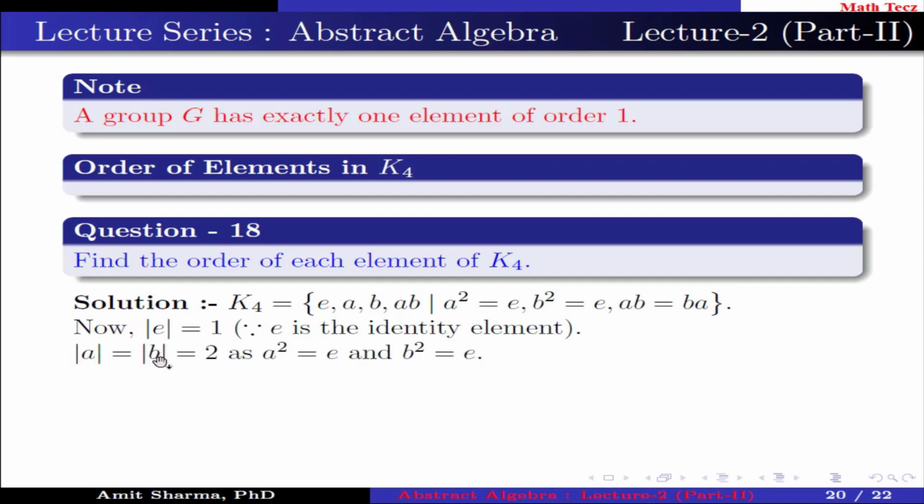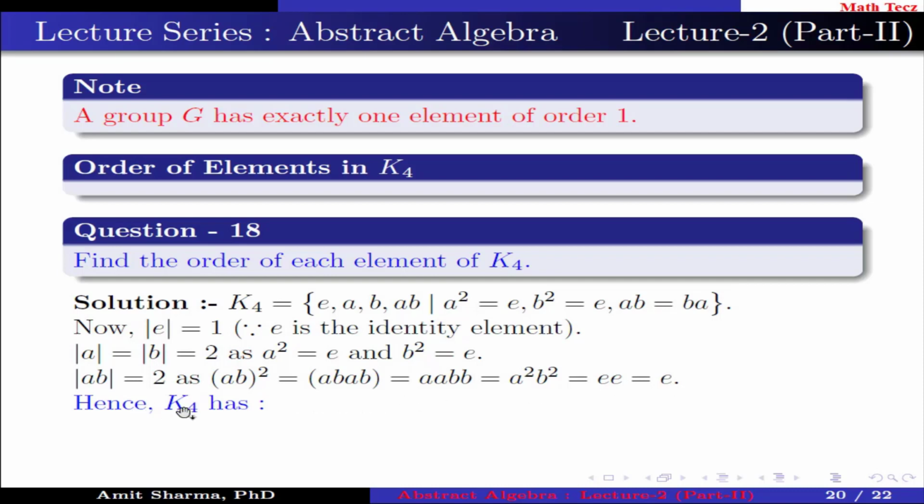Order of A equal to order of B equal to 2 because A square equal to identity and B square equal to identity. Order of AB is equal to 2 because AB square can be written as AB into AB, which is further written as AABB, which is equal to A square B square. Now A square is identity and B square is identity, and identity multiplied by identity is identity. Hence K4 has one element of order 1 and 3 elements of order 2.